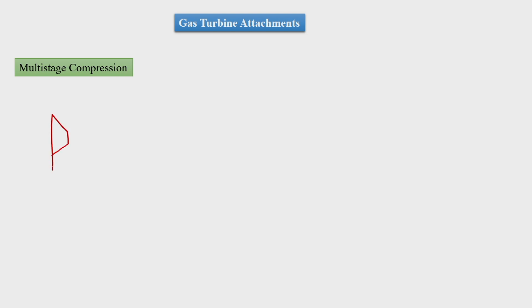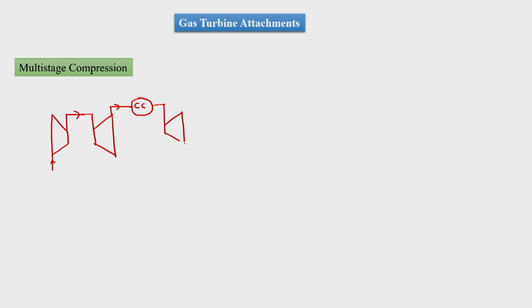Hence, we cannot use a single compressor for raising the desired pressure. Instead, to achieve a higher pressure ratio, we can use multi-stage compression, where we use multiple compressors, called low and high pressure compressors.